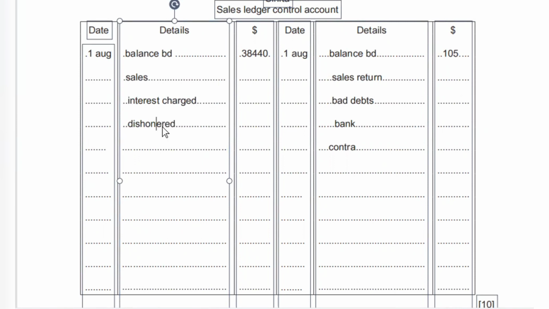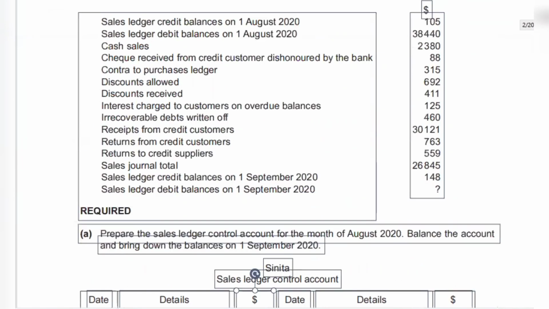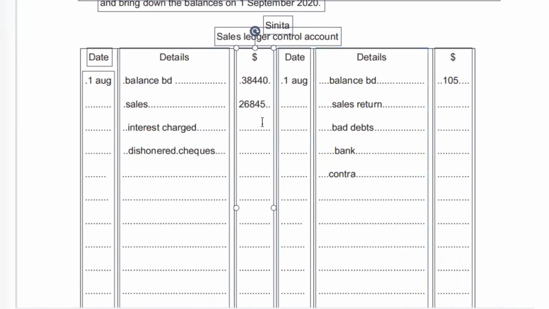Sorry, that's checks. Okay, sales were 26,845. Interest was 125. Dishonored check was 88.